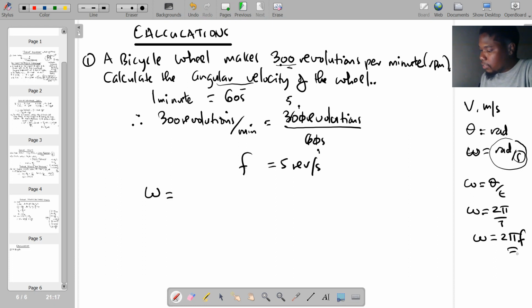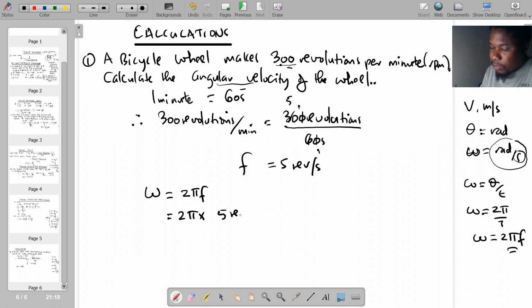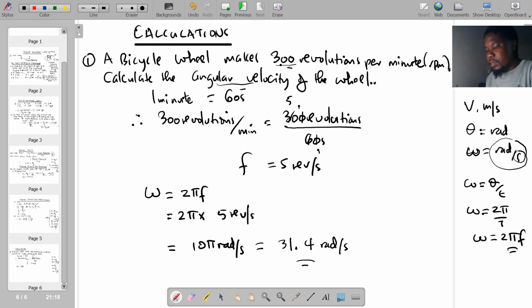In this case, it's clear that the formula we need is the last one. So angular velocity is equal to 2 pi f, and this becomes 2 pi multiplied by 5 revolutions per second. When we multiply this, we find 10 pi rad per second, which is equal to 31.4 radians per second. That is your angular velocity.